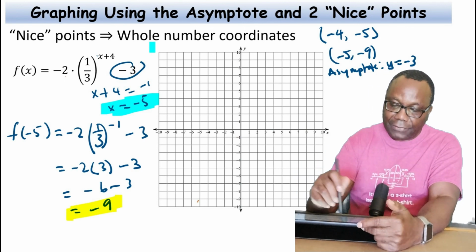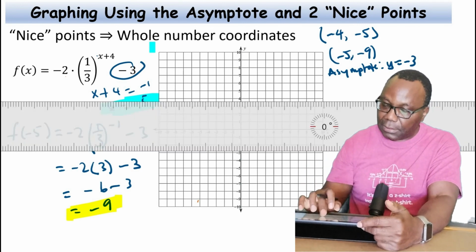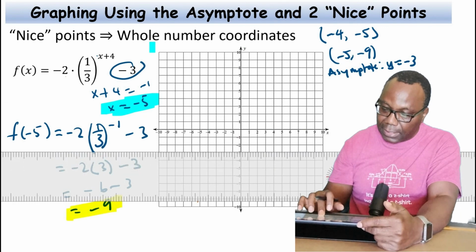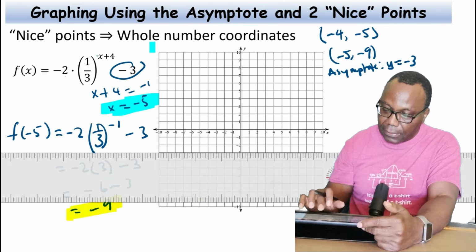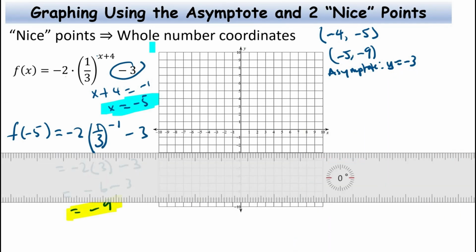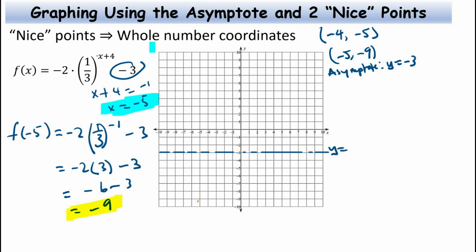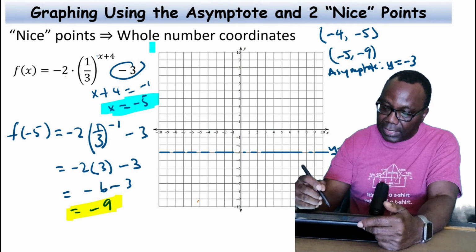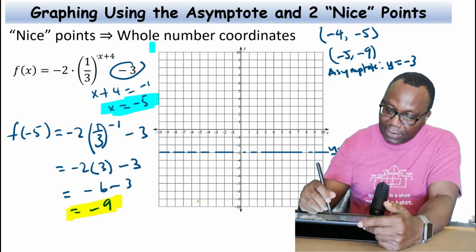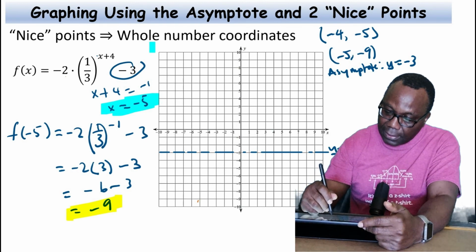So let's quickly graph it. I draw my asymptote, y equals -3, down here. Okay, that's my asymptote. And then I plot my points. (-4, -5) will be over here.